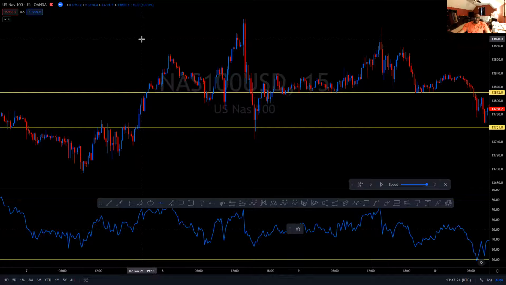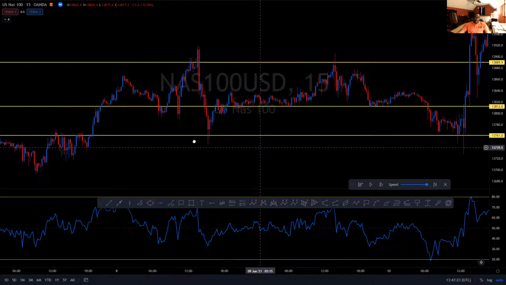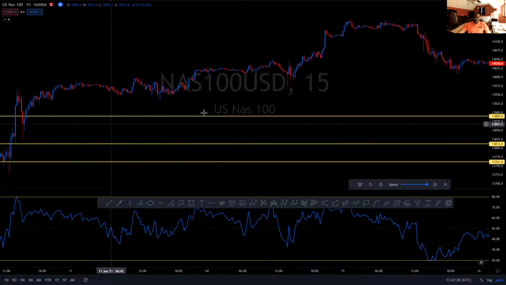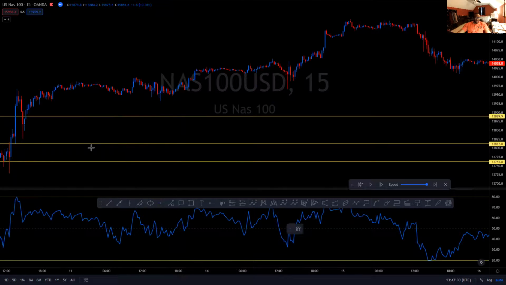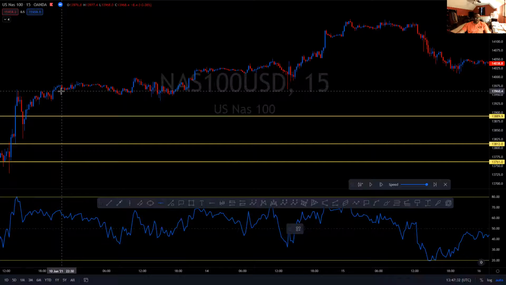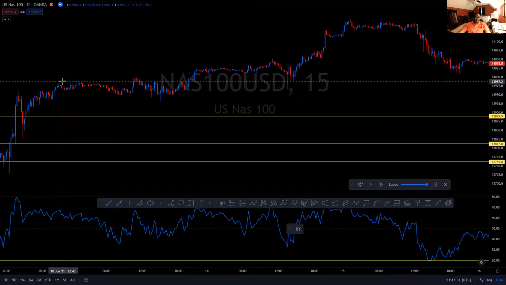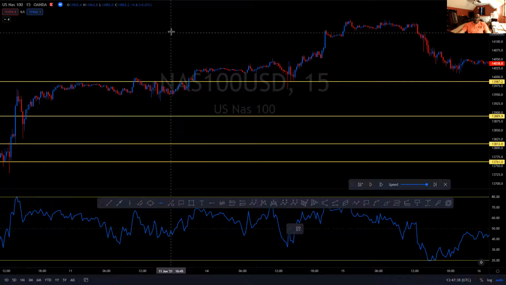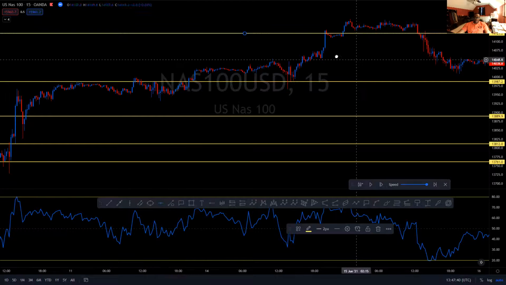Then another one ultimately up here. You see price trended up to this point as well. And busted maybe up to here. All right.